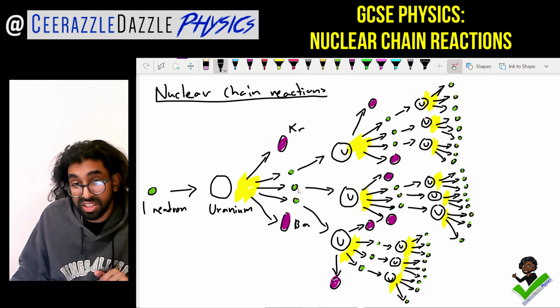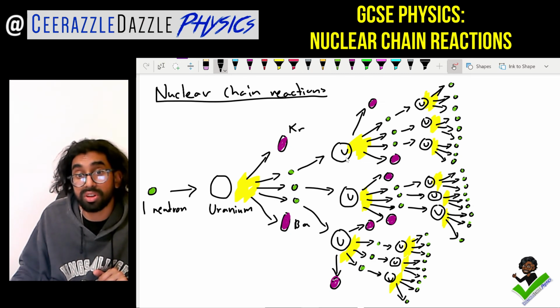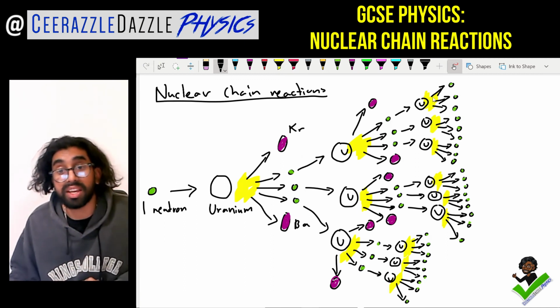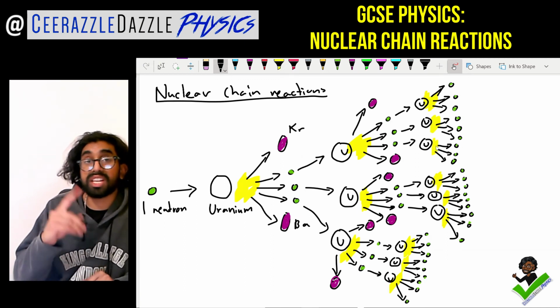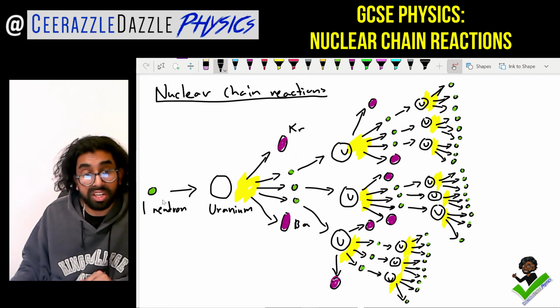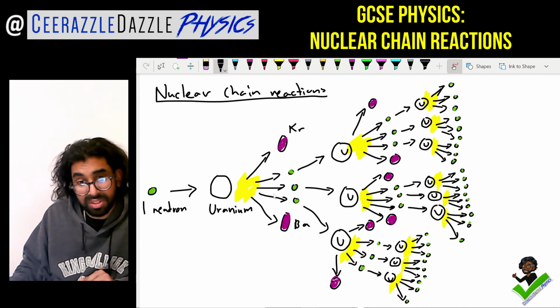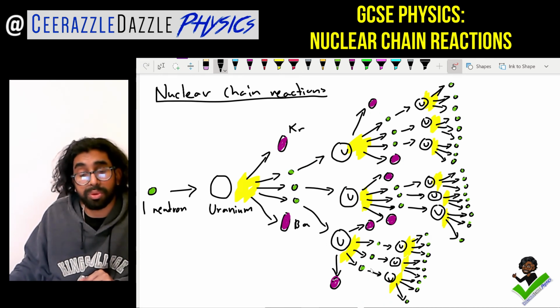If we take these neutrons, they go into another uranium nucleus, they will then split themselves, and then those neutrons can go into other uranium nuclei, splitting them as well. So look, it's a chain reaction. From one initial input, we have multiple events occurring. So look, it happens here, along this branch, and the other branch at the bottom.